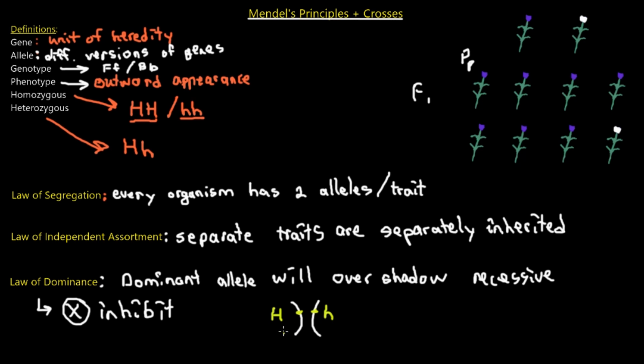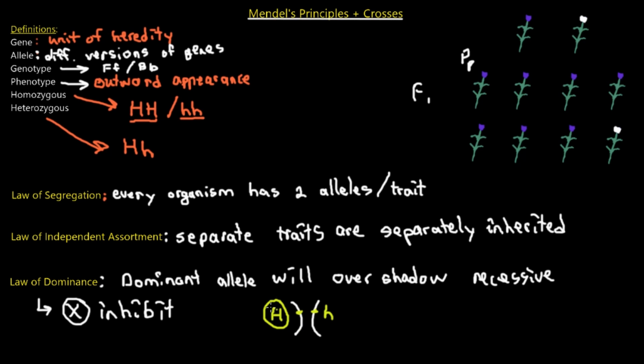What this means is that both proteins are being produced. So both chromosomes are going to go through transcription and then translation, and both proteins will be produced. However, this protein, because it is dominant, will be used more often than the recessive.